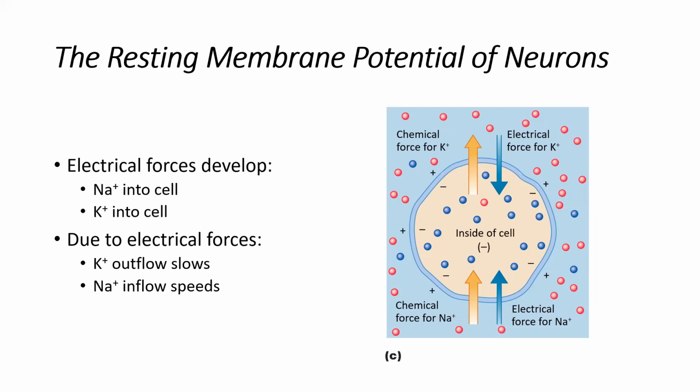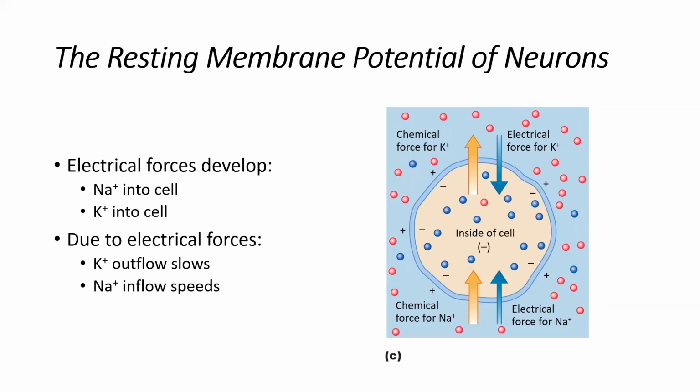But even with that said, the speed or the magnitude or the rate at which these ions are moving differs, again because of the differing overall electrochemical forces. So if we combine the electrical and chemical force for potassium, because they're now in opposite directions, this is going to be a smaller value.